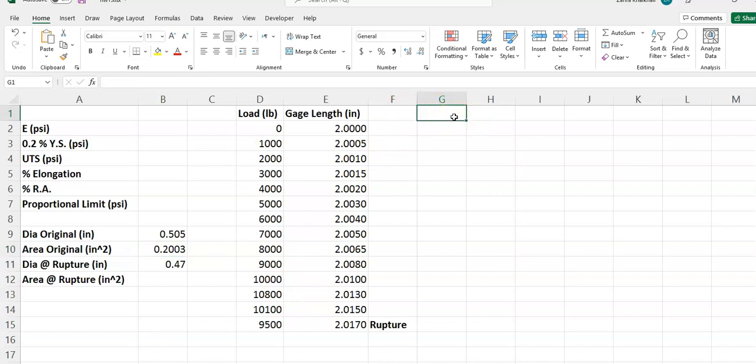Stress, which would be in PSI, because the load is given in pound and gauge length is given in inches, diameter is given in inches, so stress would be pound per square inch.